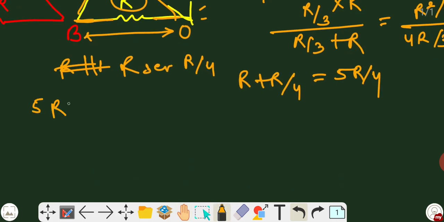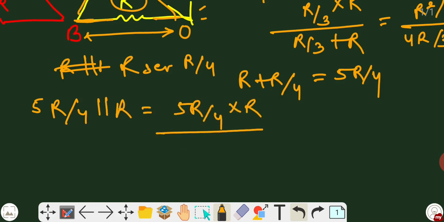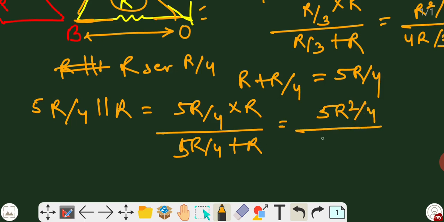So 5R by 4 is in parallel with respect to R. So 5R by 4 multiplied by R upon 5R by 4 plus R, that is 5R square upon 4 upon 9R by 4, and that is 5R by 9.